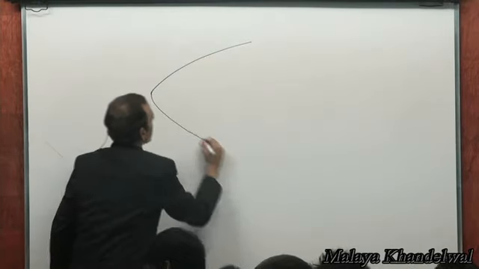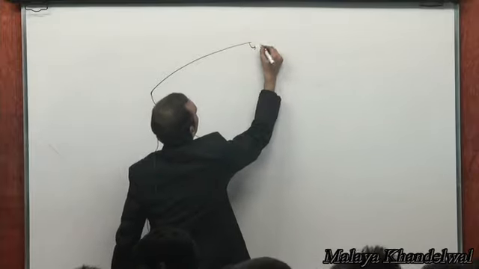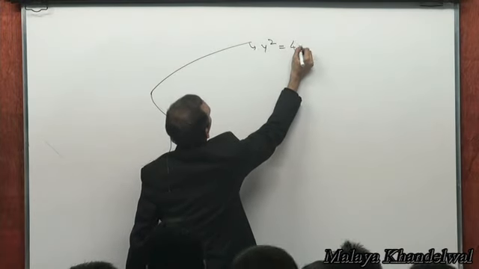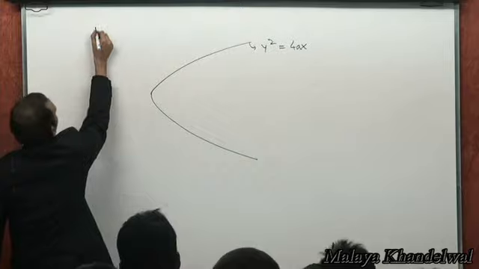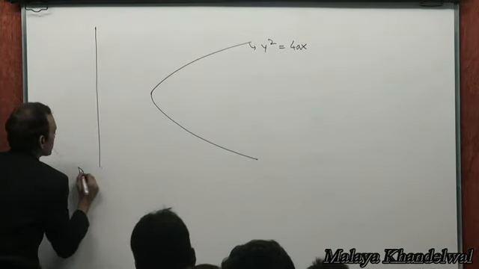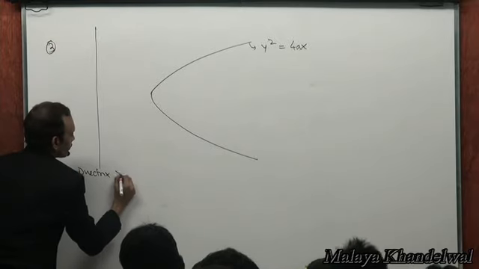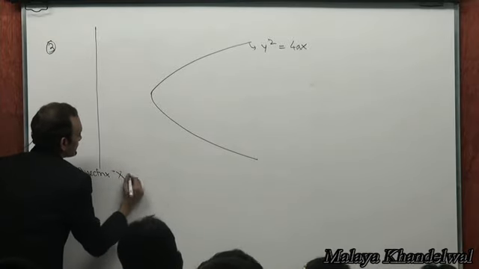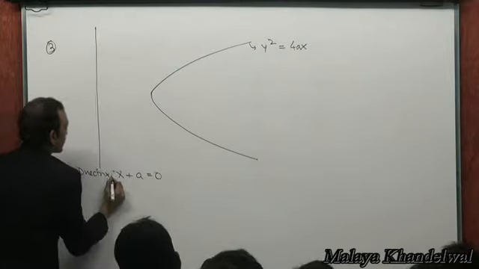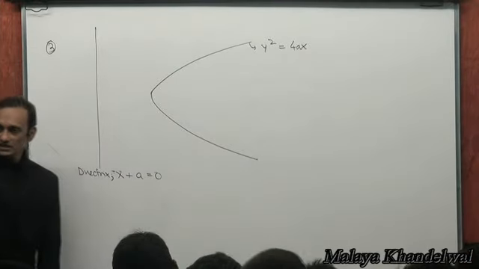Now, some parabola y squared equals 4ax. This is the directrix, x + a = 0 is the directrix, x = -a.